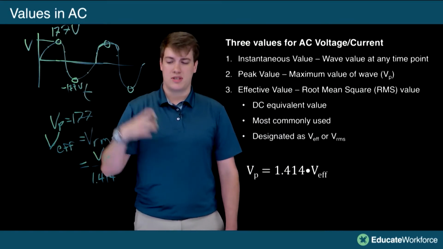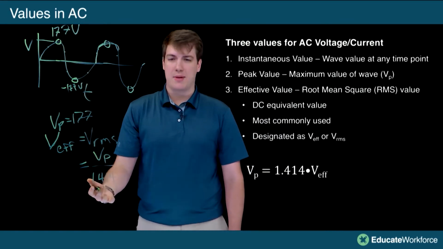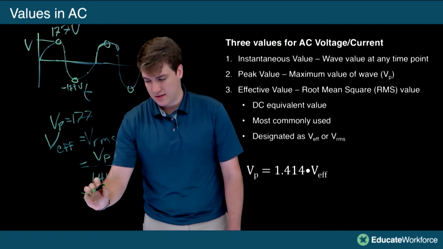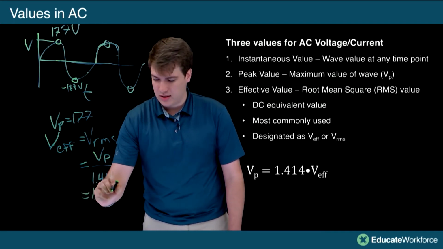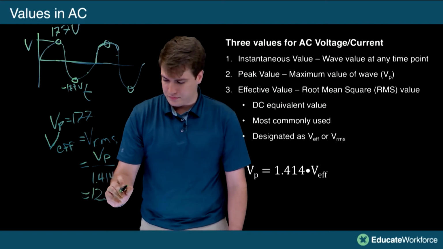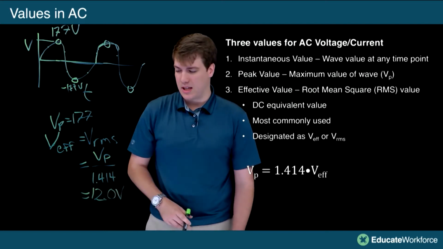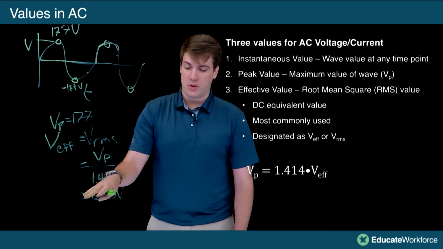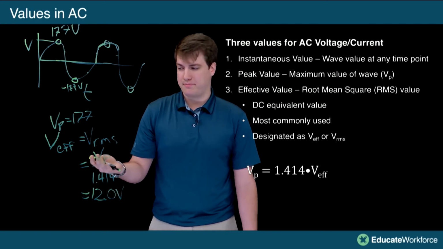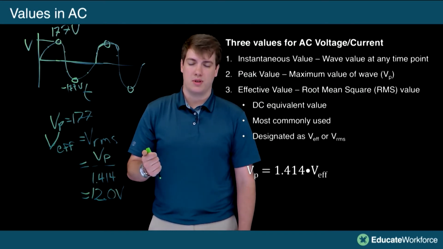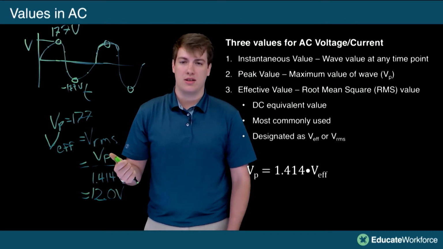But let's say we're given our peak voltage. Let's go back to this 177. We would divide by this 1.414, and then it would give us, in this case, roughly 120. I'm not going to go into significant digits, and there might be stuff behind the decimal point. But this 120 is the exact value you'd see at your home. So 120 volts is your standard home outlet.